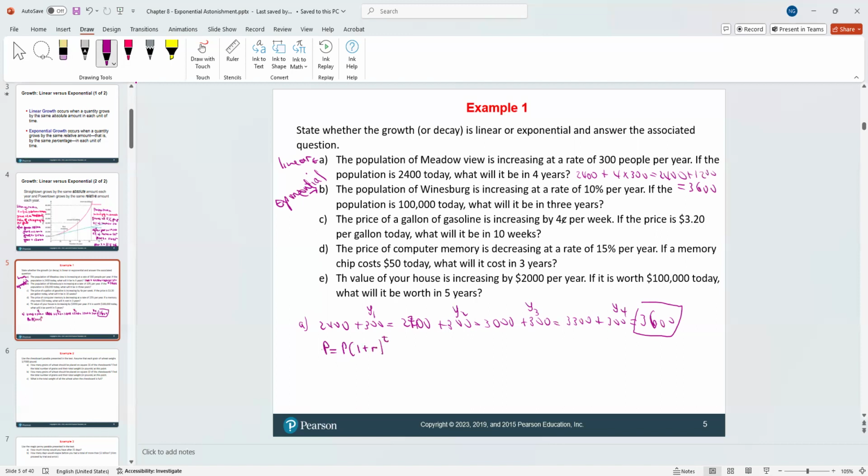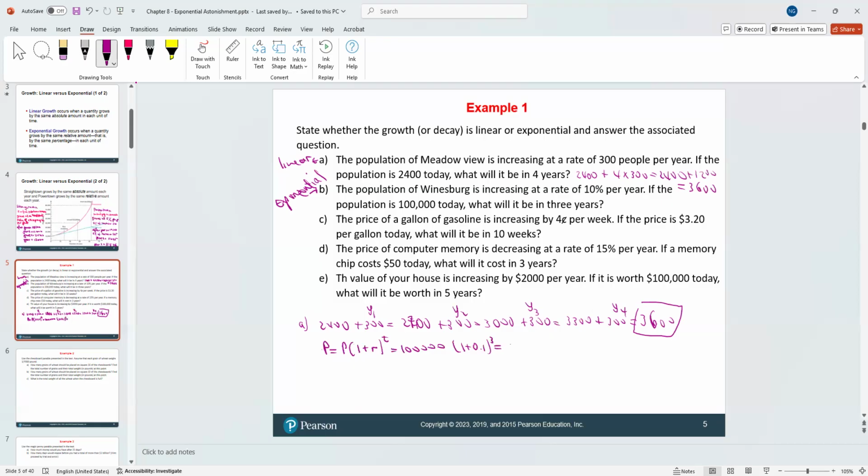So t is the time. The r is in decimal, that's the rate of growth. So for example, the population would be 100,000. 1 plus 10% is 1.1, and the time is 3 years.